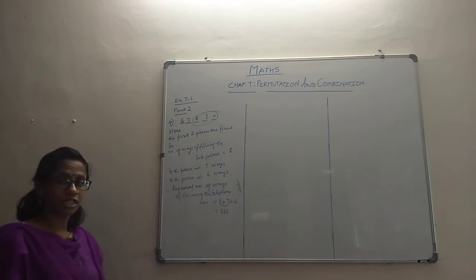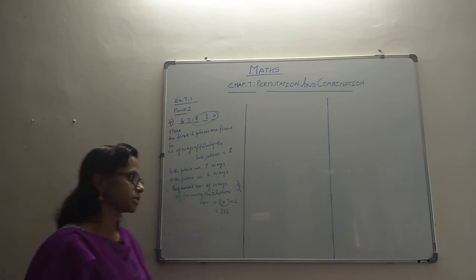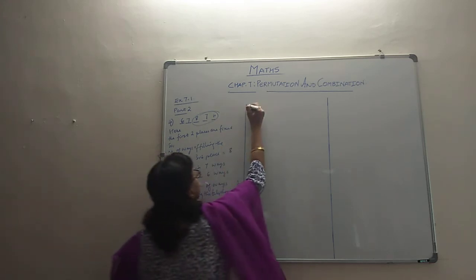You can form 336 different telephone numbers. That's about this. Then you can have the 5th question.